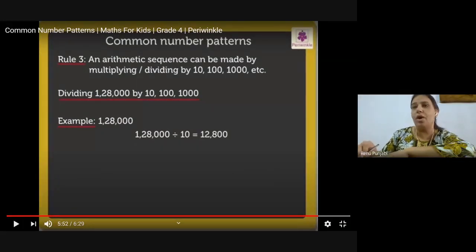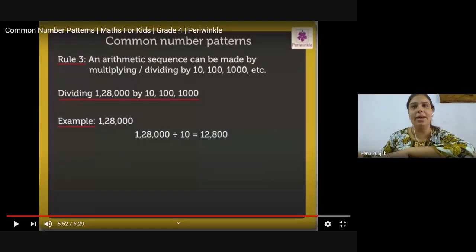So you have to observe the pattern which is being followed and then continue it. If it is an addition of 2 or a multiplication of 2, first you have to see what rule the numbers are following in the beginning, and then continue with it.